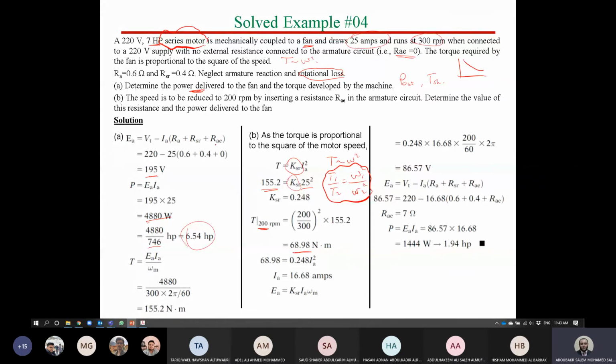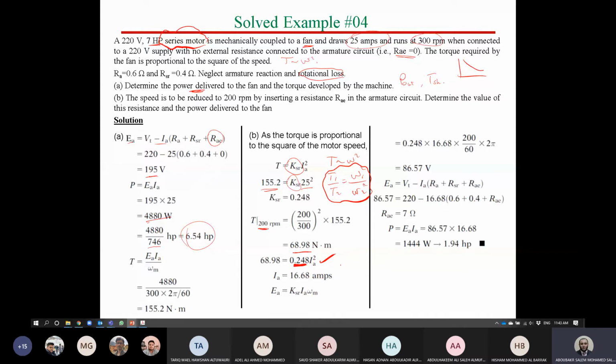So in order to get the value of the added rheostat, you need the current and EMF. For now, we have obtained the value of torque, and we know the relation between torque and current of the motor: torque equals K series multiplied by I squared. We already obtained K series, so now we can get the value of current from here.